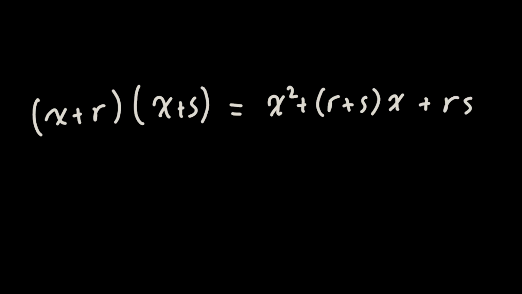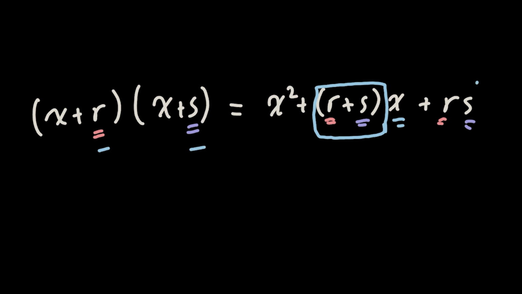Just note that this r is this r and this r, and this s is this s and this s. So when we take r plus s, we get the number next to x, and when we multiply r with s, we get the constant number here.